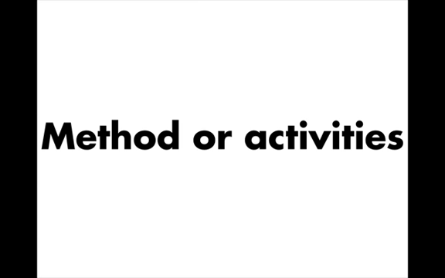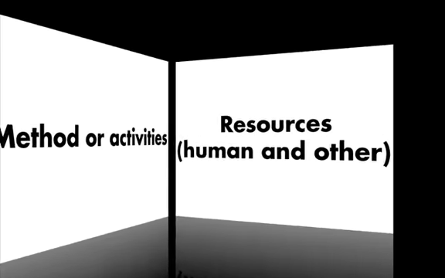And this section, the method or activities section, becomes your implementation plan. This is what you will deliver if the proposal is accepted. After that, there are several sections that talk about the nuts and bolts. First is resources. And that can be human resources, the people you will need to work on this. But it also can be computer time, it can be capital resources, it can be release time from other duties, it can be hiring new people, it can be a whole range of things.